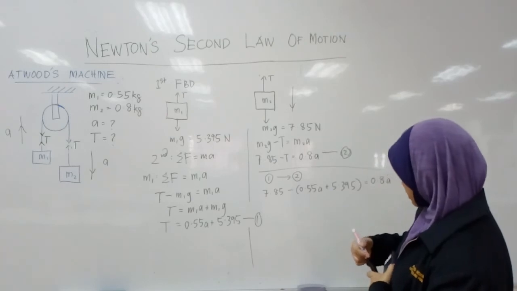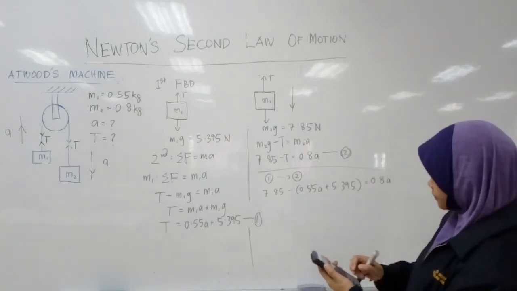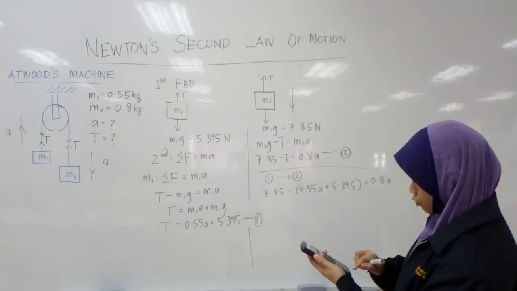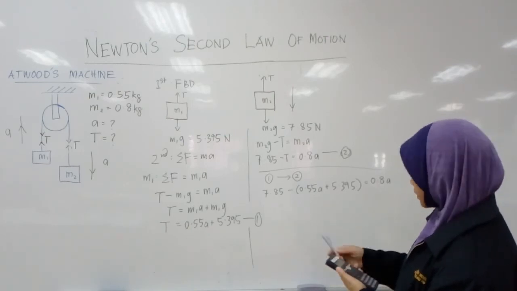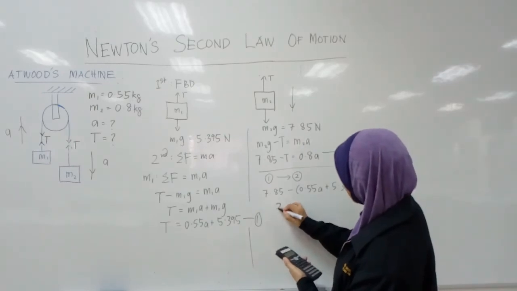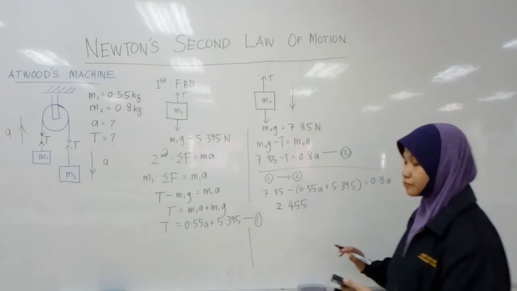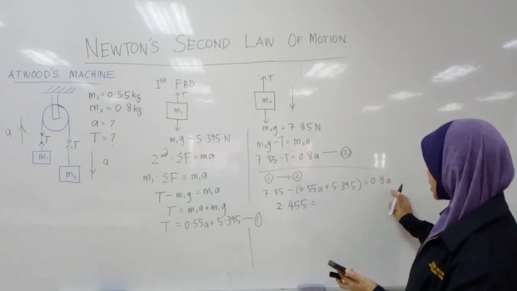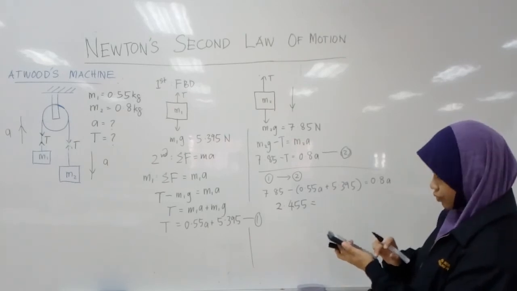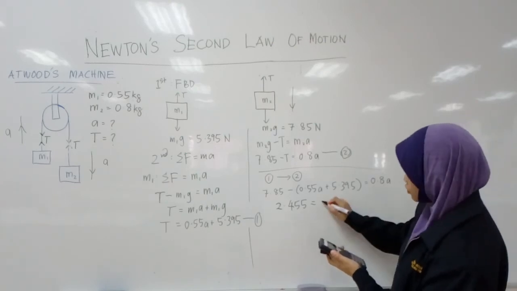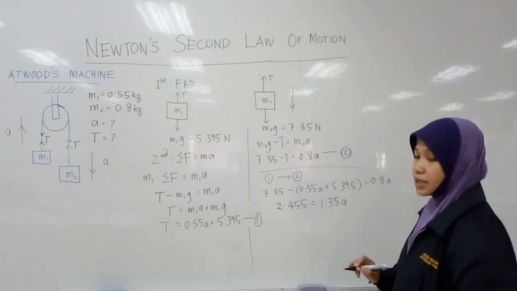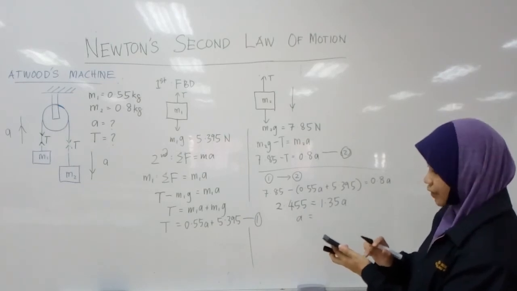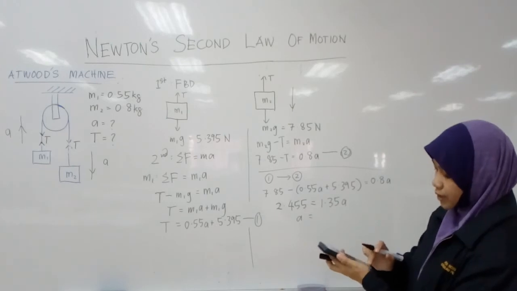When you calculate here, let us calculate together. 7.85 minus 5.395 is 2.455, right? 2.455 is equal to 0.8 A plus 0.55 A, which is 1.35 A. And A here is equal to 2.455 divided by 1.35.